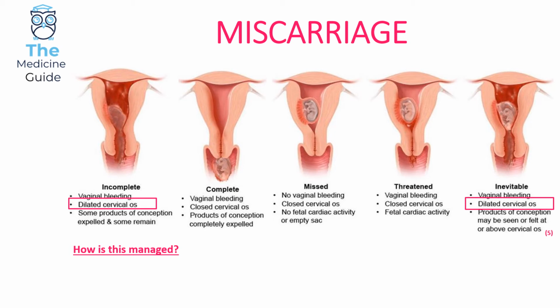But the most important thing is to be aware in your mind of what the possible differentials are if you've got a closed cervical os and what the possible differentials are when you have an open cervical os.